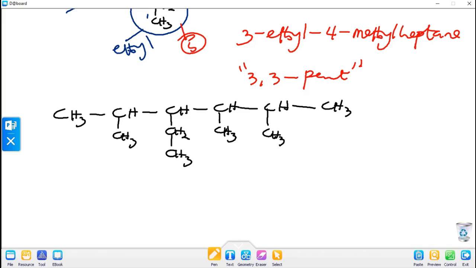Now let us take a look at how we name this. Still going with our rules, if we have two sets of numbering schemes that are equal, the rule says we come from the side that will give the larger side chain the lowest possible number. So what will be our parent chain?